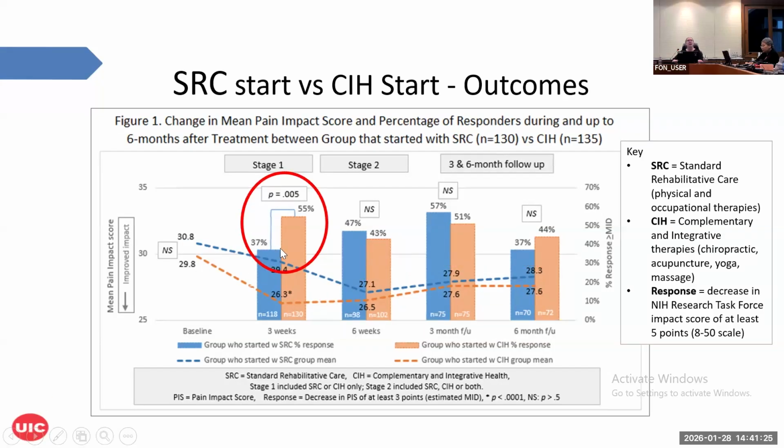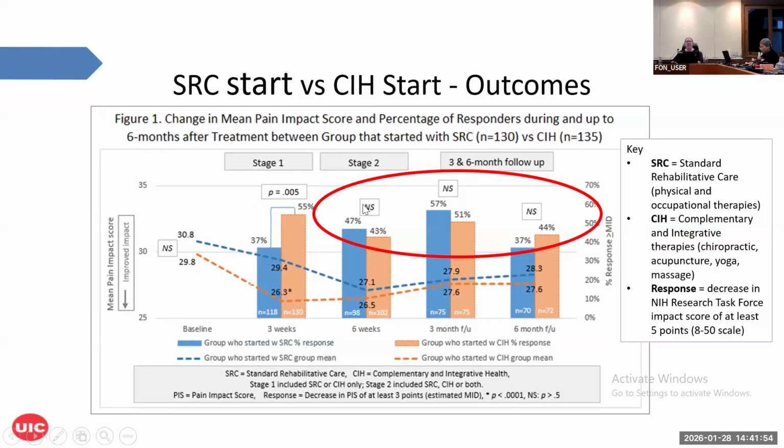So when we look at this first stage 1, statistically, the difference between the two groups was significant. So the complementary and integrative health did better than the standard rehabilitative care. And if you look further on, you can see no significance after that first initial stage 1.